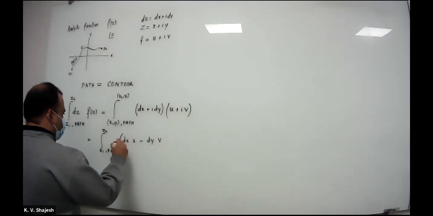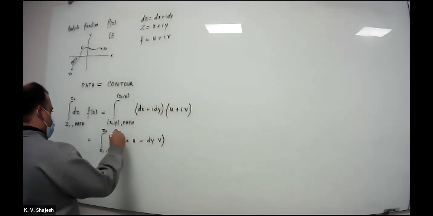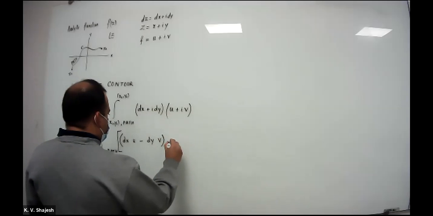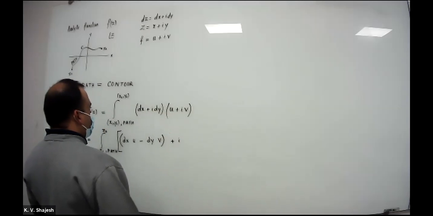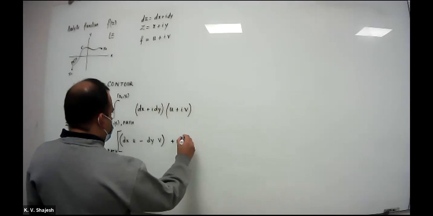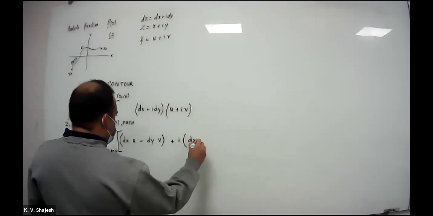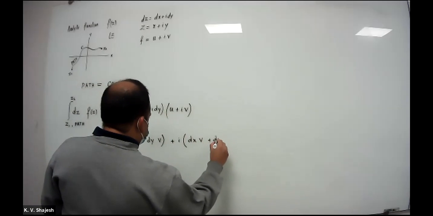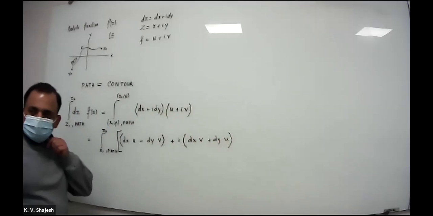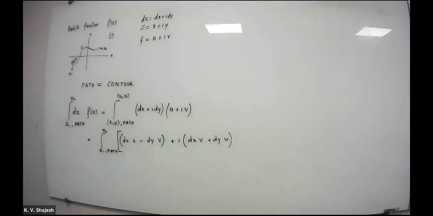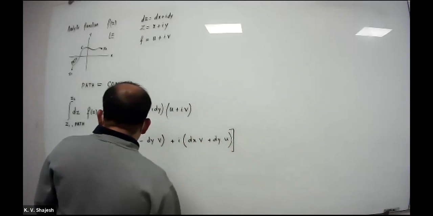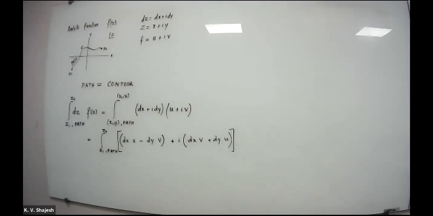So that's your real piece in there. And there is a complex piece, so that's plus i times dx v plus dy u. Okay. And that's what we want to evaluate.